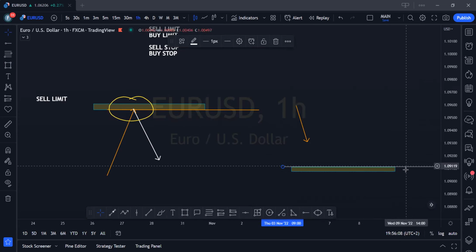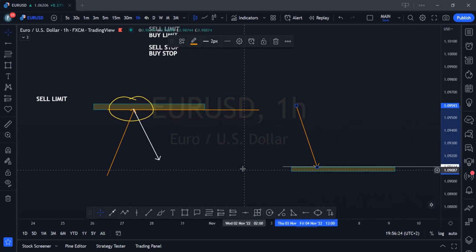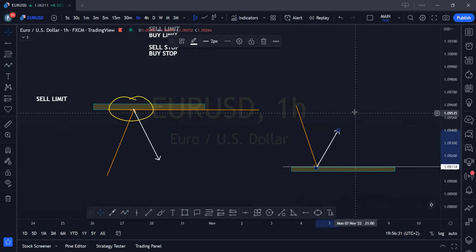If that is your plan, if you think that when price gets here, it will start buying, you want to place a buy limit here. So when you place a buy limit here, like so, and then price gets into this zone, immediately price touches this price point here, you'll be entered into the market for a buy.